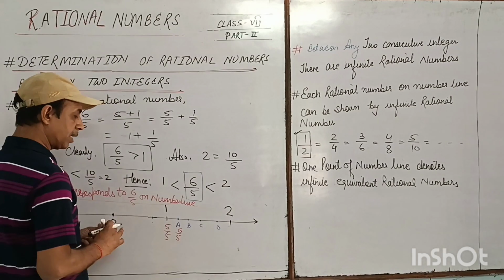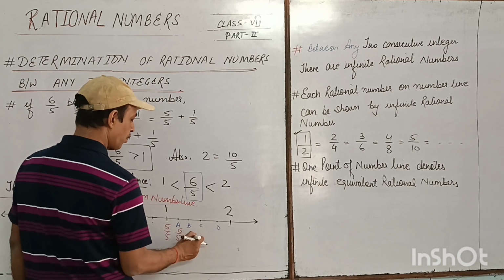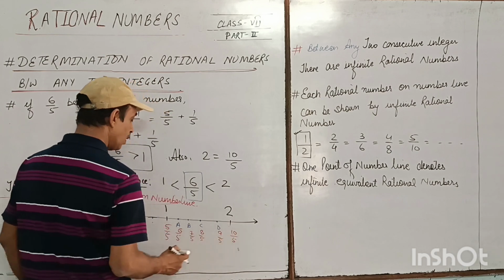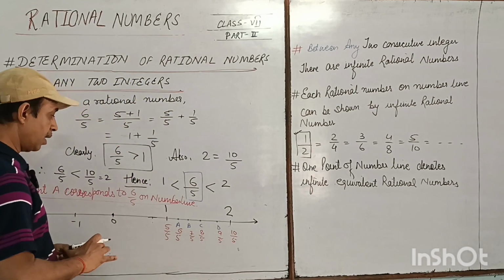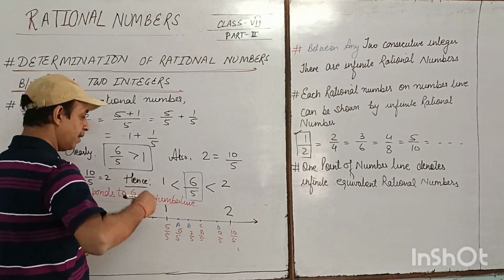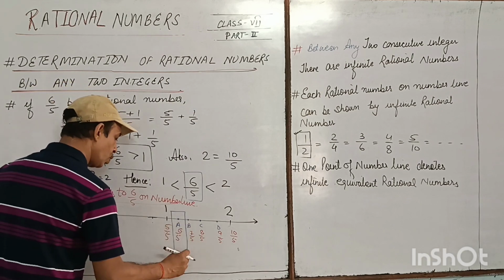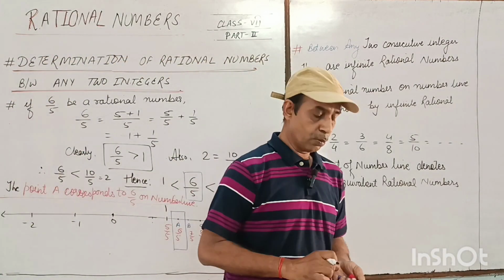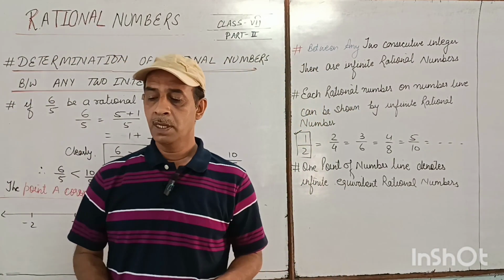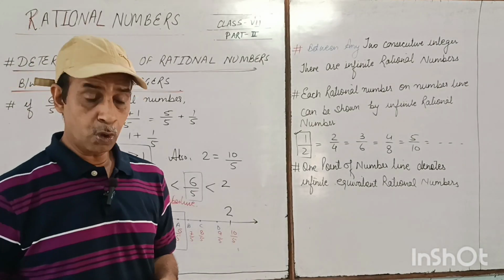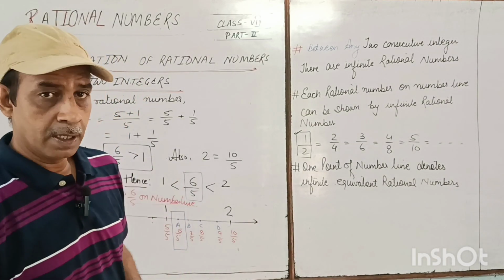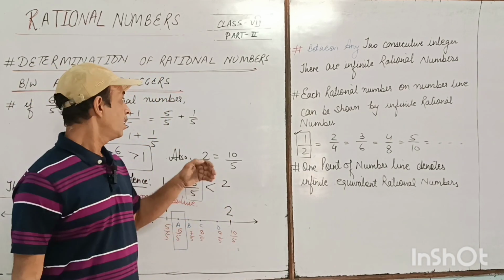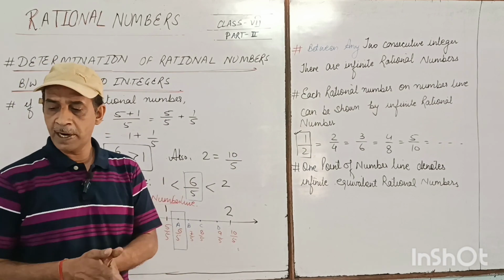Fine, then what will it be? 6/5, 7/5, 8/5, 9/5, and again 2 can be written as 10/5. So the point A that you have will correspond to 6/5. I hope you have understood in what way rational numbers can be shown on the number line. 6/5 lies between 1 and 2.